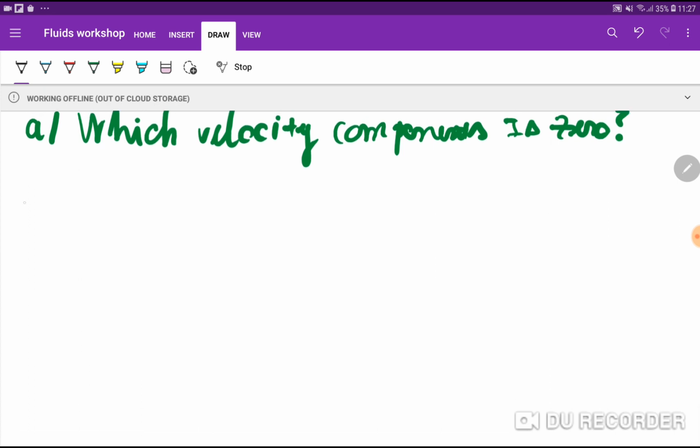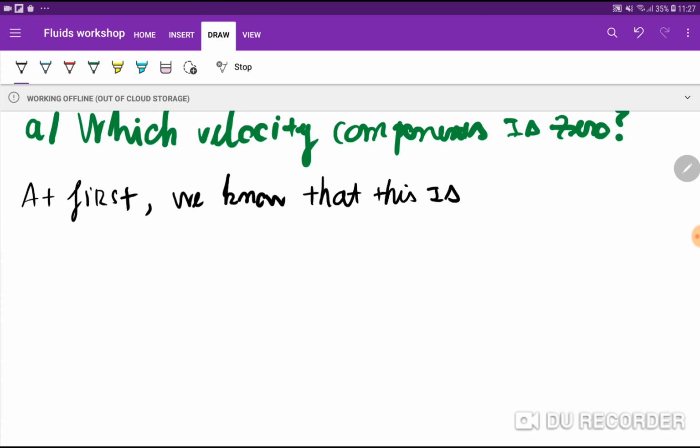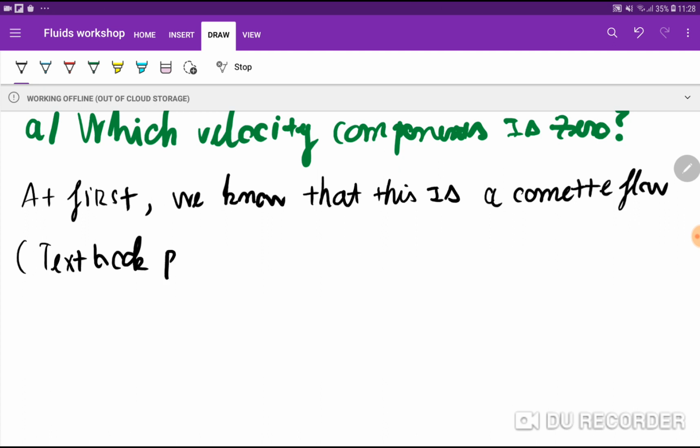At first we know that this is a Couette flow, right? The definition of Couette flow is mentioned on textbook page 294.